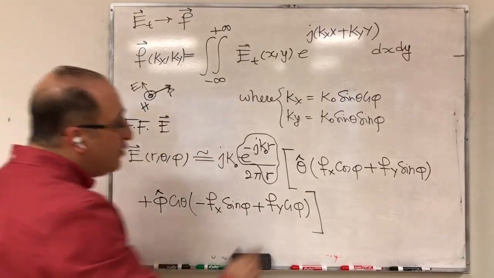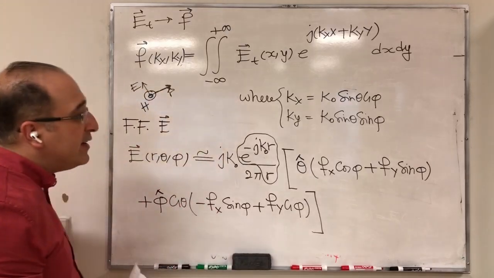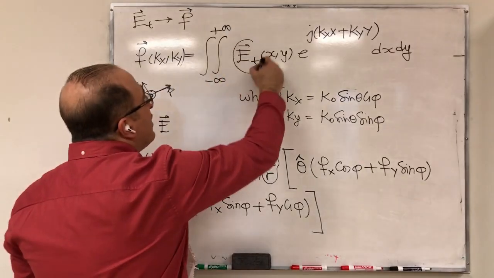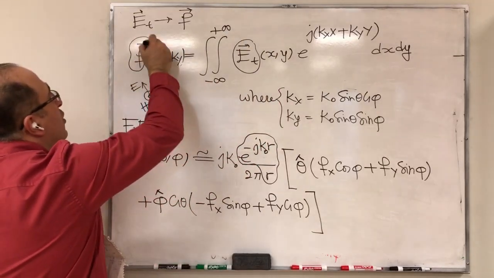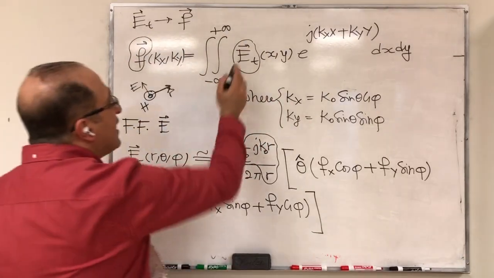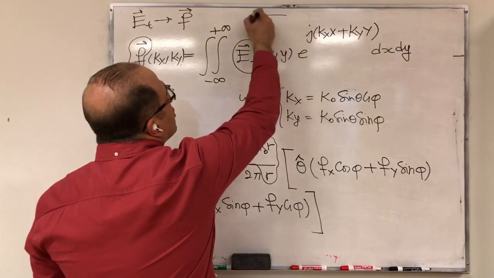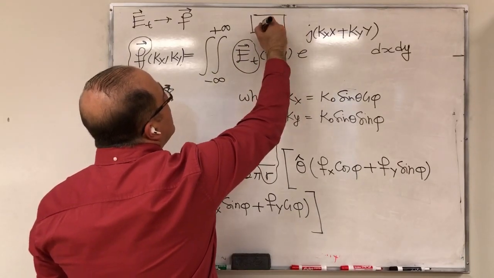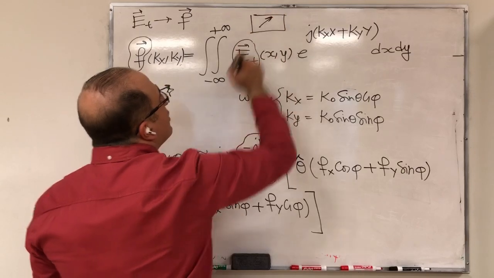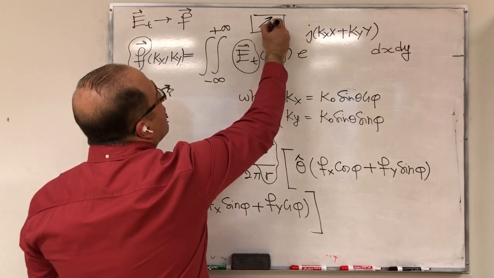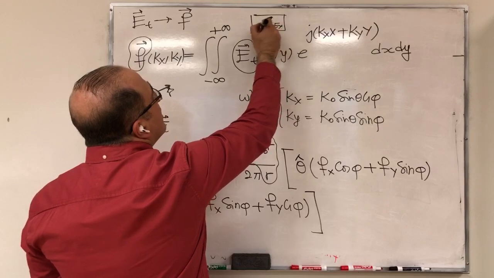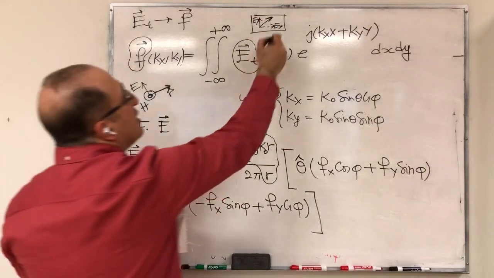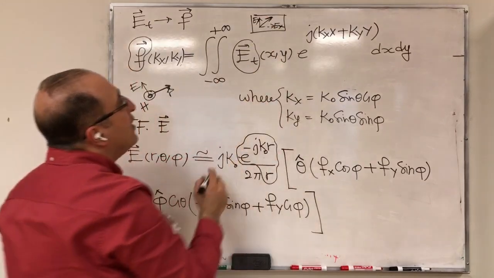Now, you see Fx and Fy. The reason for having that is that this E is a vector. So F is also a vector, and E is tangential to the plane. So this is my plane, the XY plane. The most general form of E would be an E, for example, like that, which can be decomposed into Ex and Ey components. So you could have two directions, Ex and Ey.